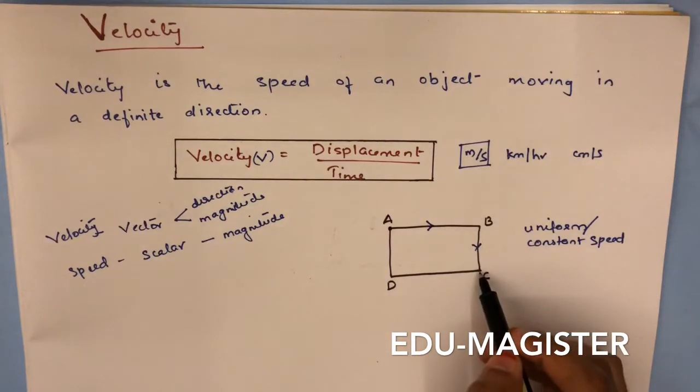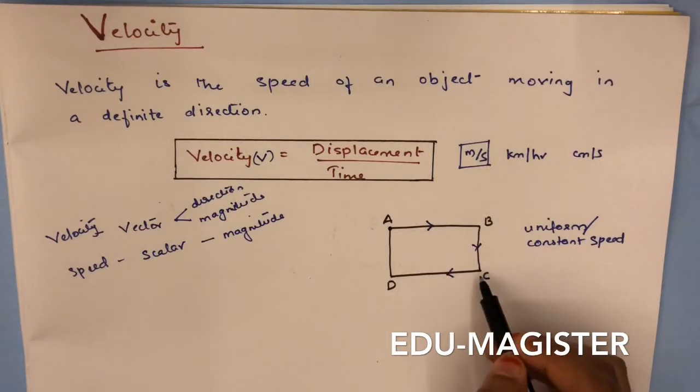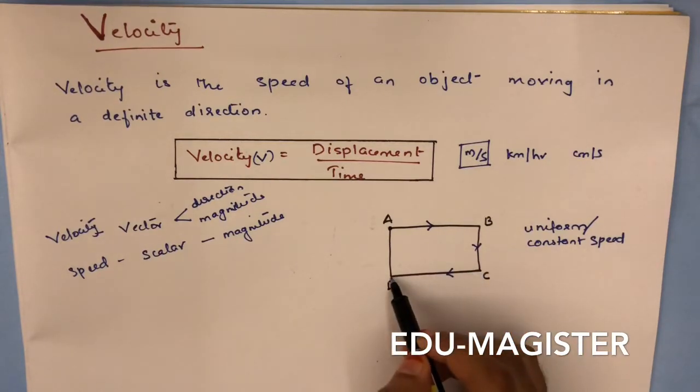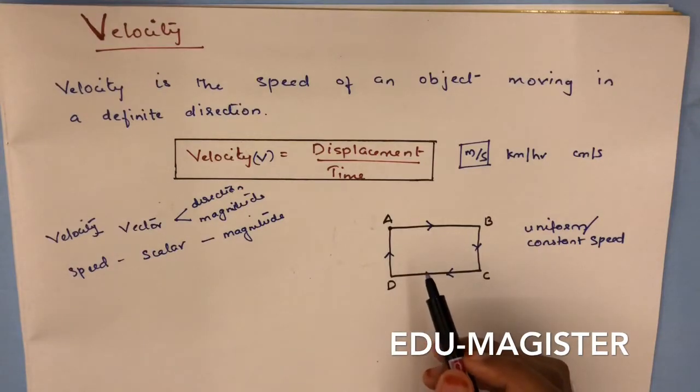Now, after reaching point C, it again changes its direction. So we say that the object has changed its velocity but not the speed. The speed was constant here, but the direction has changed, thus the velocity has changed. Similarly, even at point D, the object has to change its velocity. Now in this case, I can say that the object has changed its velocity 4 times.